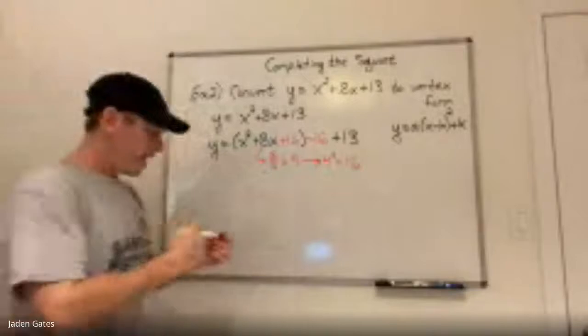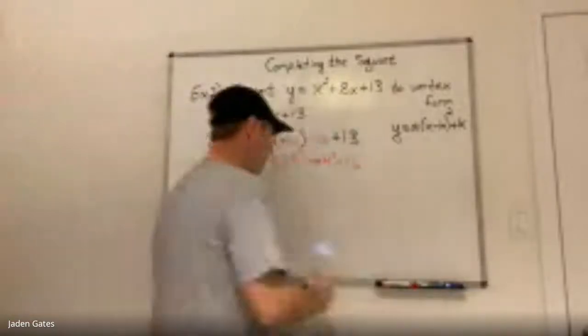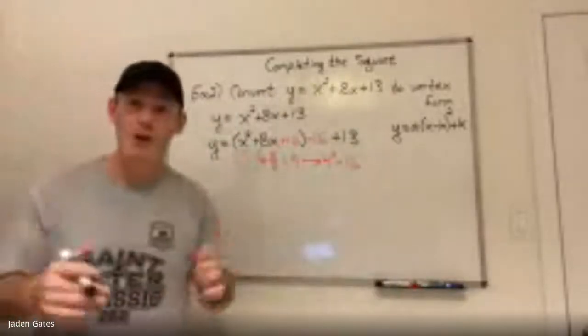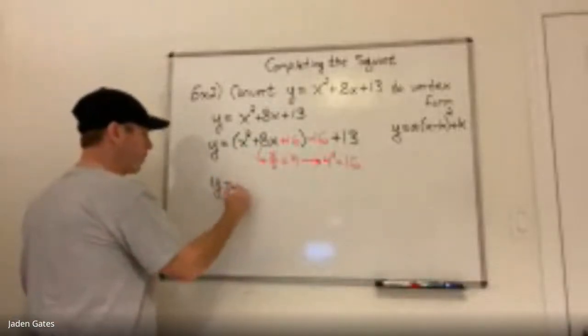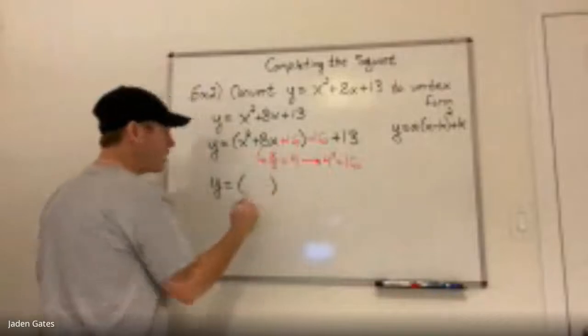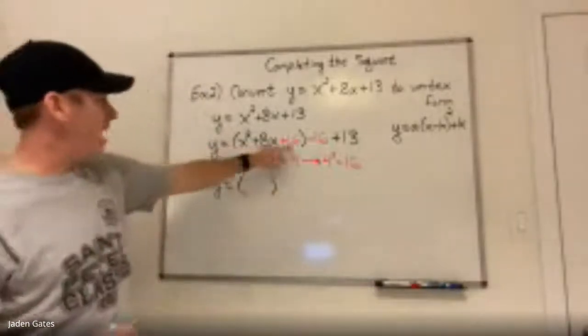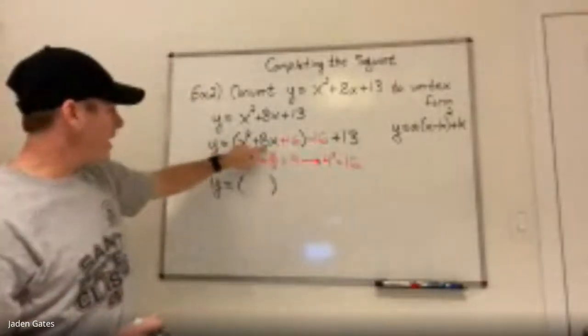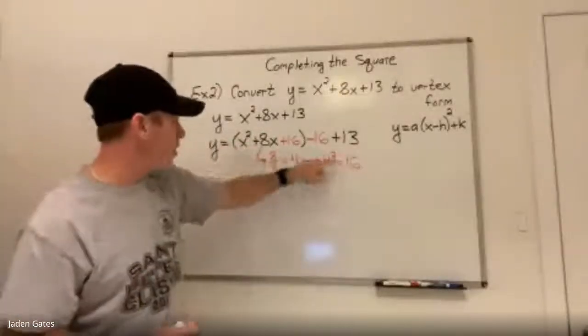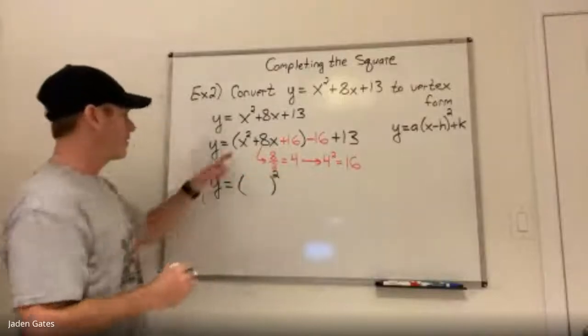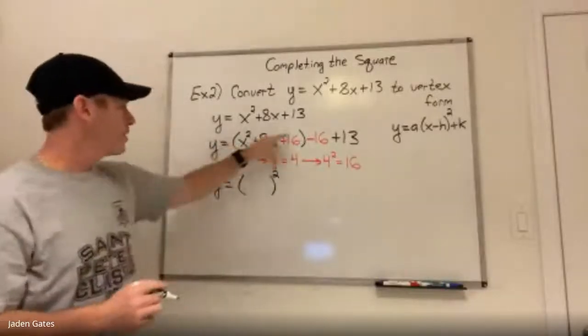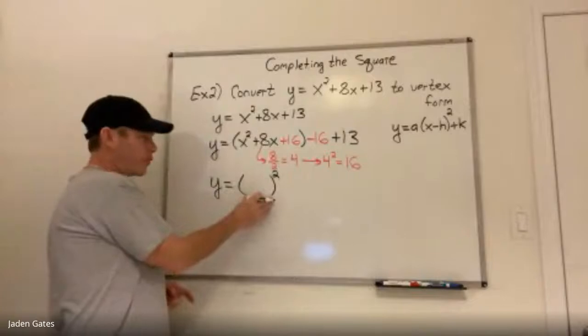All right? Now, here's what somebody noticed. I have no idea how they noticed this stuff, but back in the day before PlayStations and cell phones, they did. What they noticed is if I take half of this number and then square it, and that number's right there, I can rewrite this part in brackets as a binomial squared, as it's called.